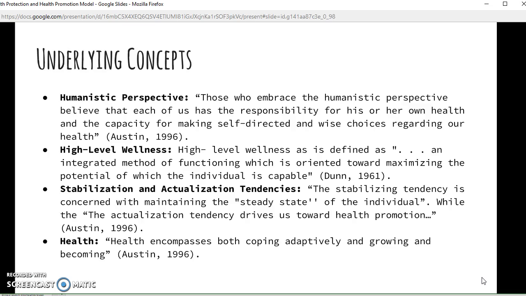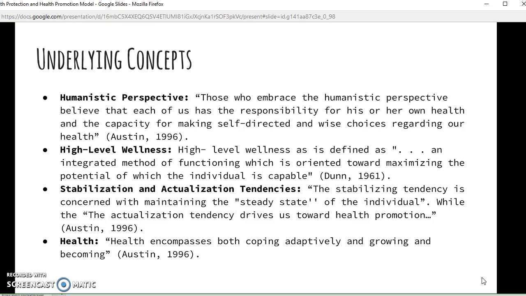So to begin, the underlying concepts within this model, the first one is humanistic perspective. Within the health protection and health promotion model, it rests on this humanistic perspective.